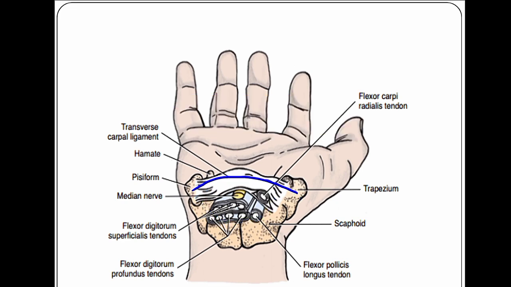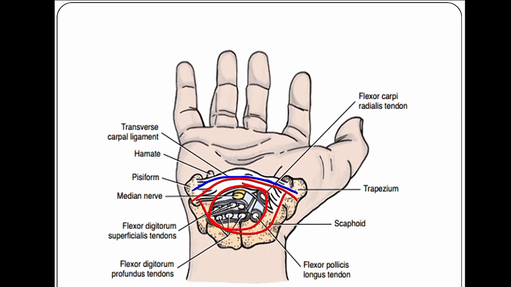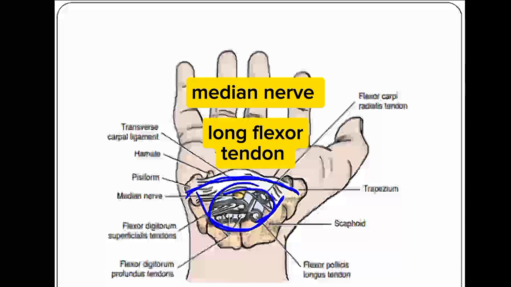Let me highlight this part. This tunnel is called the carpal tunnel, which is formed by the concavity of the carpal bones and the flexor retinaculum. Together, these form the carpal tunnel that provides the area for the passage of the median nerve and the flexor tendons of the thumb and fingers.